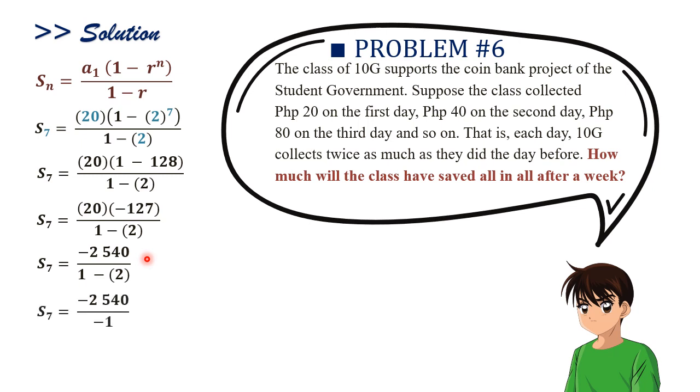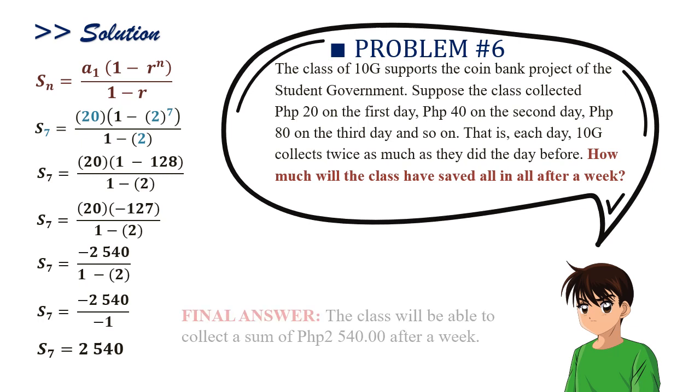So 1 minus 2, it's negative 1. Okay, and last operation that we're going to have, we have division. So negative 2,540 divided by negative 1. And so we will have positive 2,540. And so the class will be able to collect a sum of 2,540 after a week. And we're done. That's it.